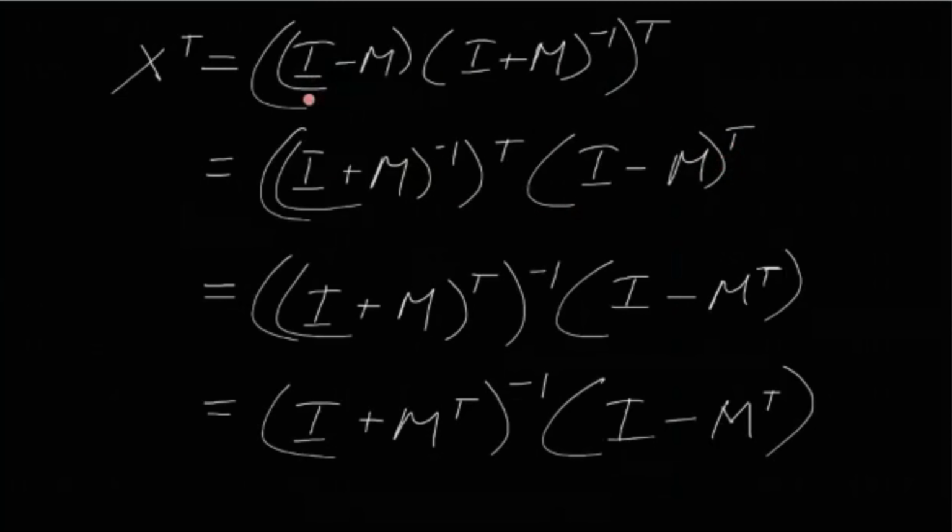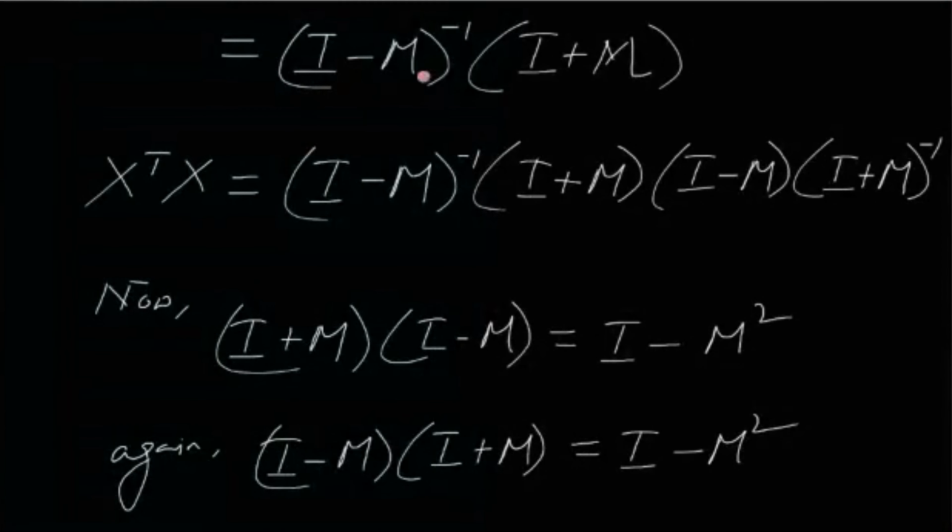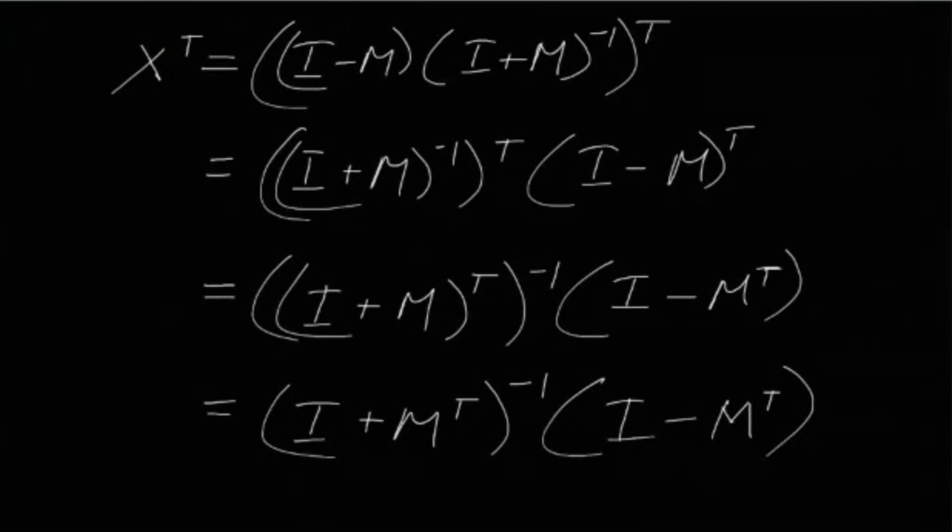Transpose and inverse interchange, so this is I plus M transpose whole inverse into I minus M transpose. Now M transpose is minus M, because M is skew symmetric. So this is I minus M whole inverse into I plus M. This is X transpose. Clearly X transpose is not equal to X, therefore X is not symmetric.